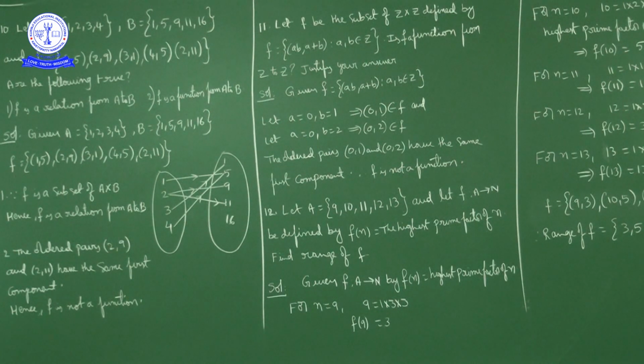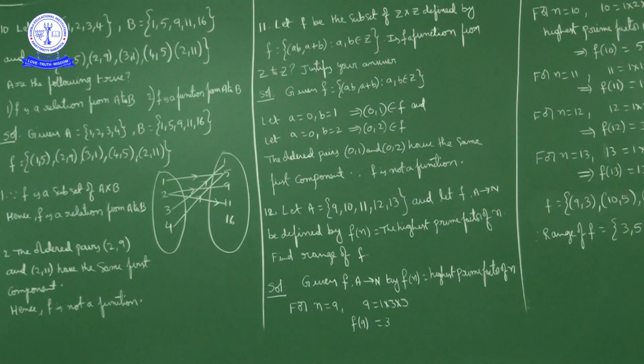Now if you observe in these ordered pairs, we have two ordered pairs, ordered pair 2, 9 and ordered pair 2, 11. For these two ordered pairs, first element is the same. What is the first element? 2. The ordered pairs 2 comma 9 and 2 comma 11 have the same first component, so it is not a function.